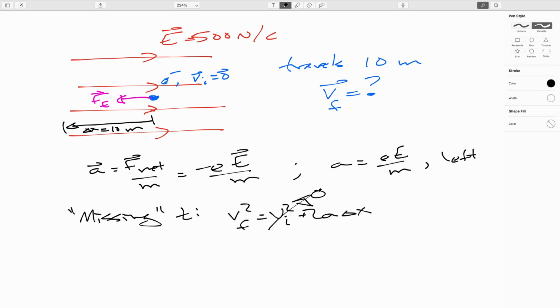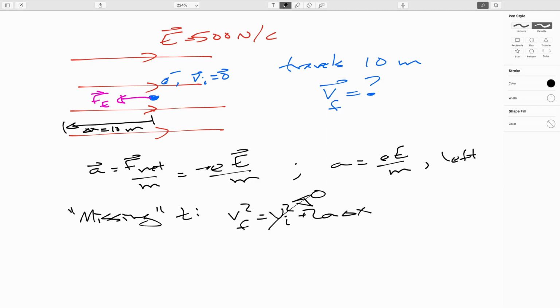V initial is 0. Now, as a general rule of thumb, you should never, ever substitute numbers unless we're doing Kirchhoff's laws stuff, in which case knock yourself out because it won't matter anyway. The one exception to the don't-put-in-numbers rule is that it's generally okay to put in zeros because they tend to make your life easier.